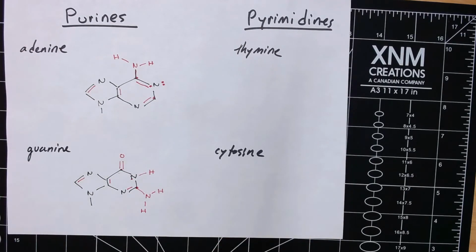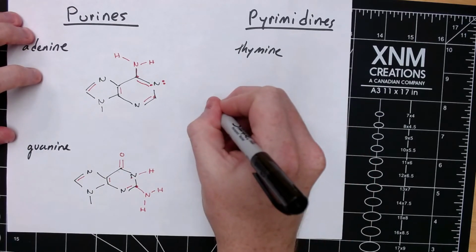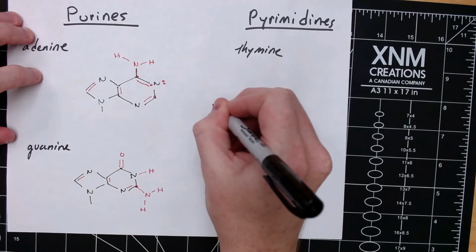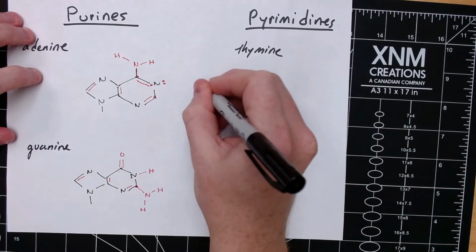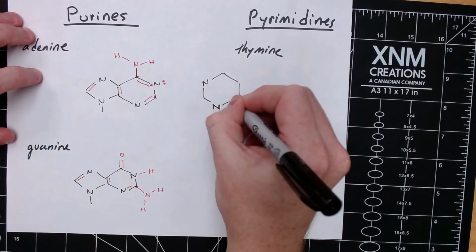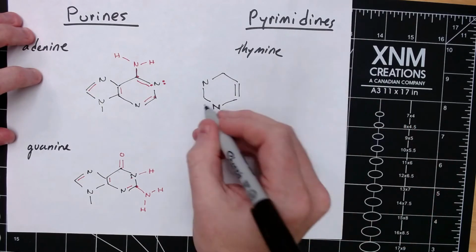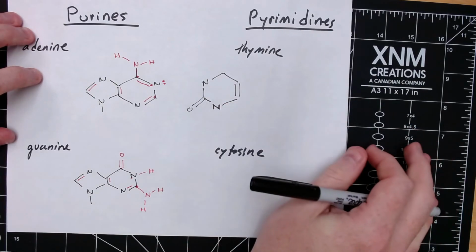So let's start by, again, drawing the pyrimidine backbone structure. We've got our nitrogen there, and we've got a nitrogen there. And as I mentioned, we always have a double bond there, and we always have a carbonyl here.